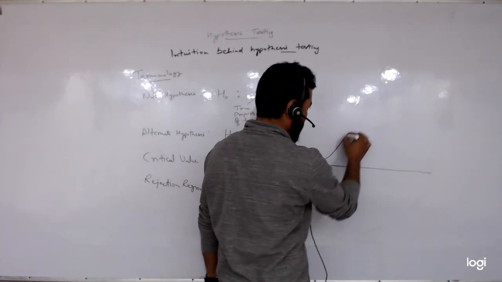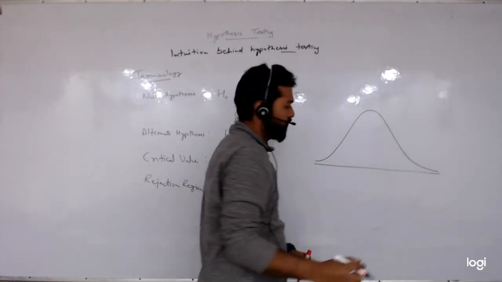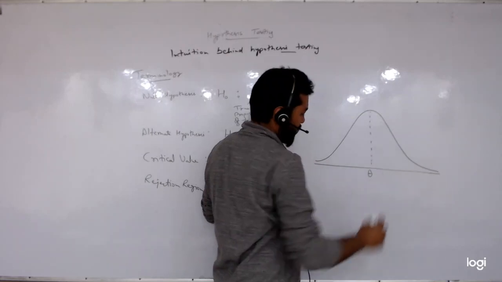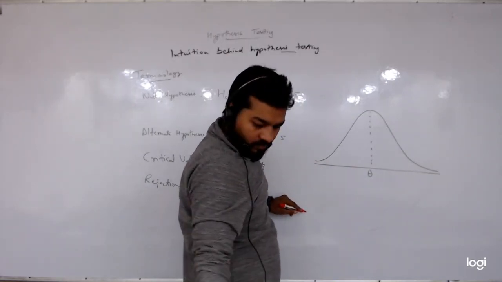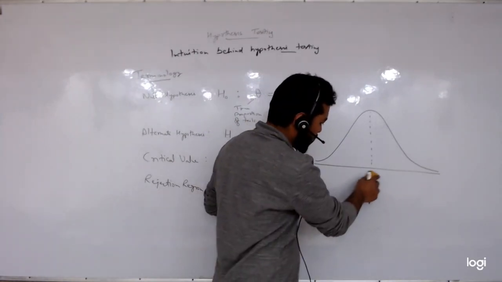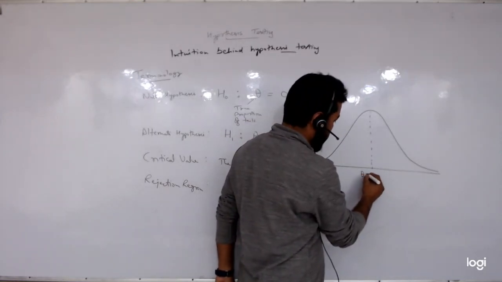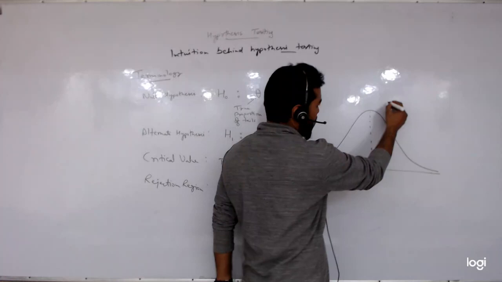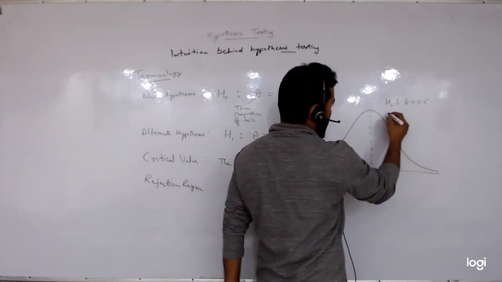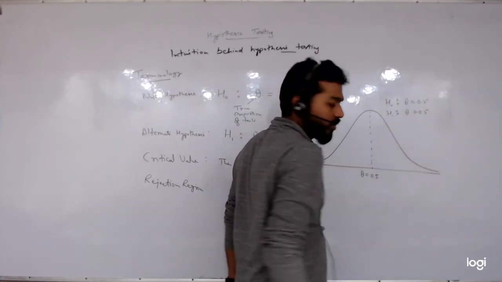Let's say in our particular example, H0 was theta is equal to 0.5 and H1 was theta is greater than 0.5.